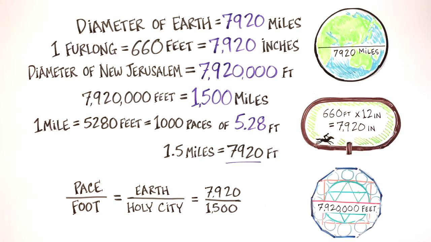So we put 7,920 over 1,500, and if you quickly do that calculation in your head, you'll discover that 1,500 goes into 7,920 exactly 5.28 times, the relationship of our foot to our pace. So here's a very strange correlation. The earth to the holy city is the same as the pace to the foot. What are they trying to say there?